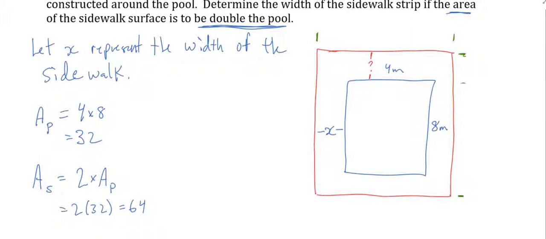So this part's going to be how long? That inside part is 8. And what is this part going to be, and this part going to be? 4 is across the side. X. So what happens if I add those 3 parts together to go all the way?